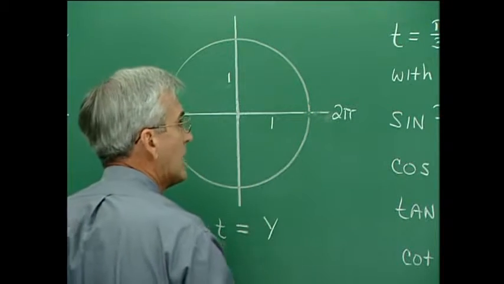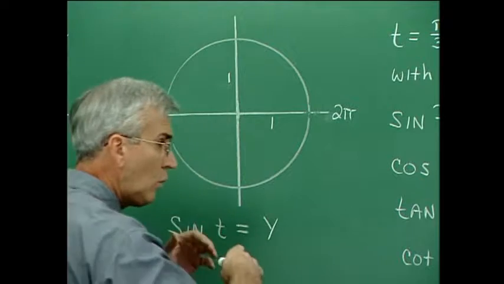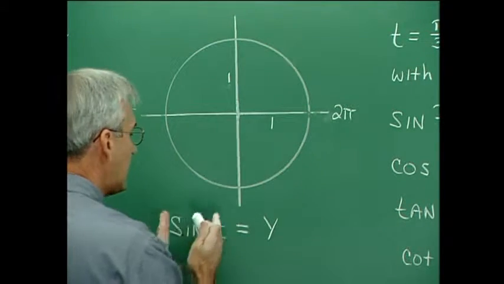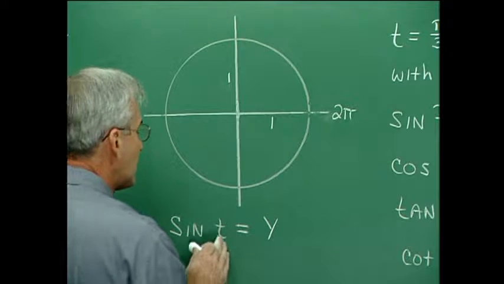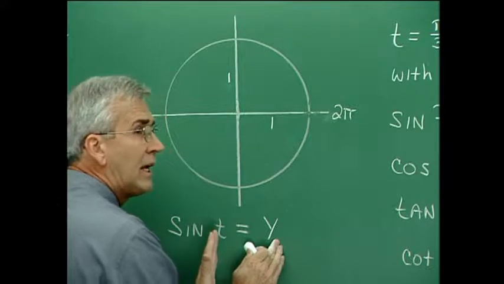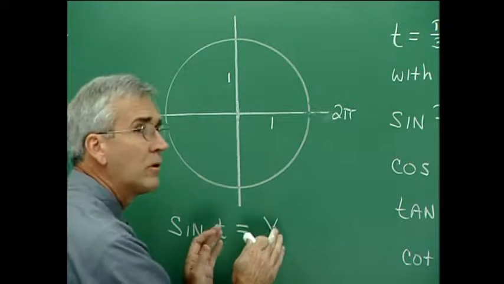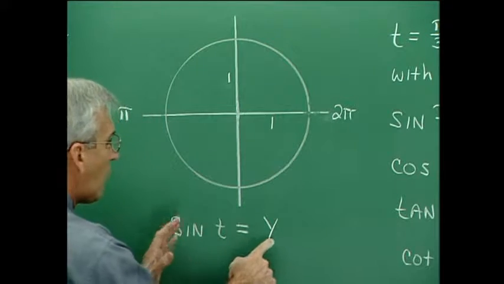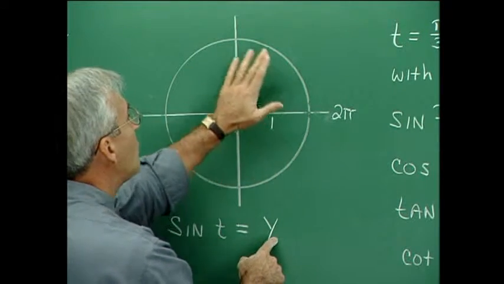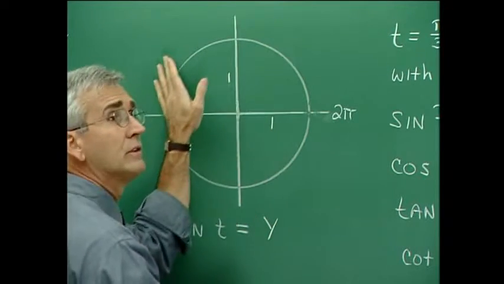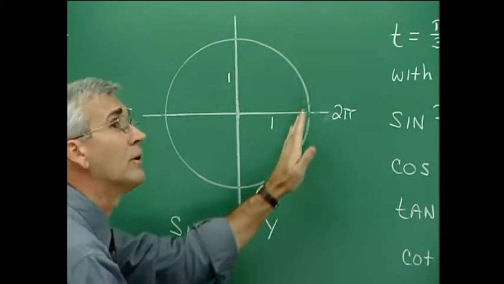Now, this idea that we are repeating the values for the sine of real numbers as the real numbers increase in value, this y value is changing in an almost melodic wave-like form. That is, the y value is going from 0 to 1 to 0 to negative 1 to 0 to 1 to 0 to negative 1 to 0 and so on.